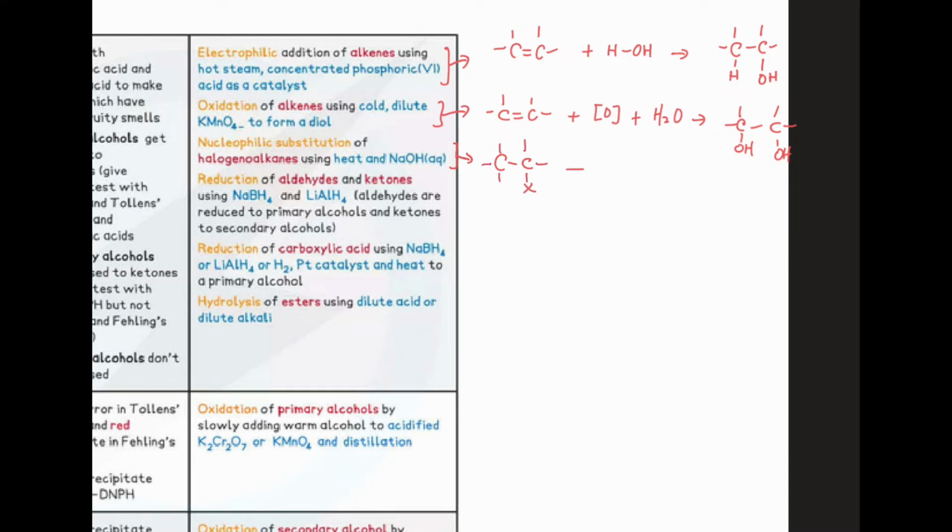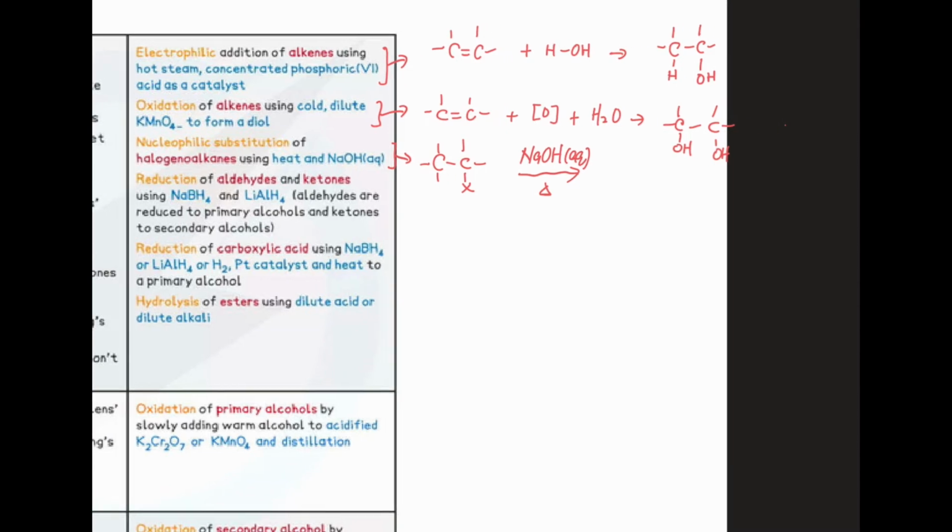I put X to represent the halogen. Then using aqueous NaOH. So not NaOH in ethanol. NaOH in ethanol, you get alkene. NaOH aqueous, you will get alcohol. Of course you have to do heating also. Then what happens is the X is replaced by OH.